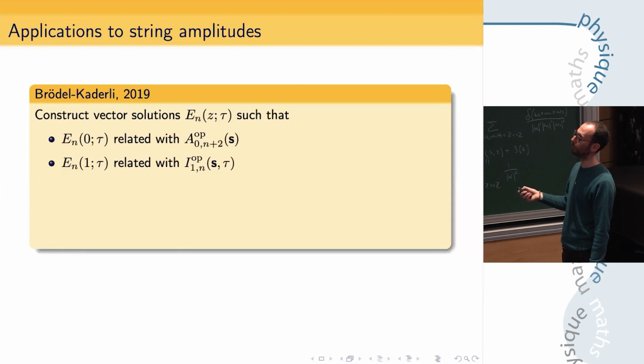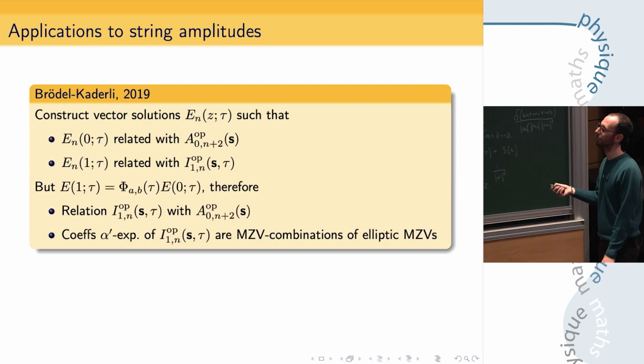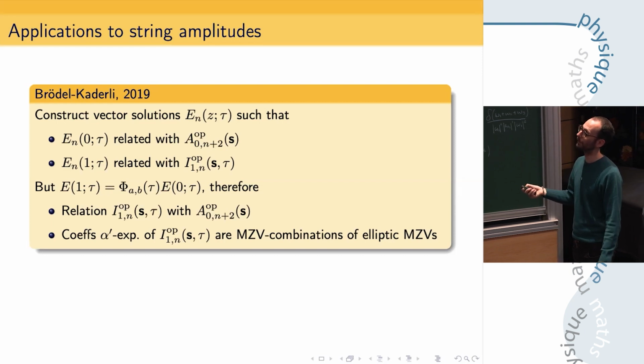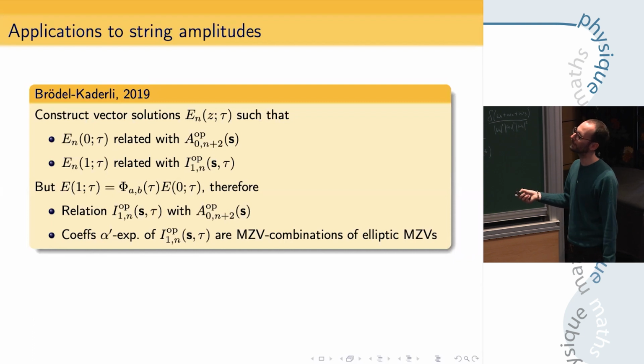So now you don't have any more the dependence on tau. Here you have it. But still, by the general theory of the KZB equation, they will be related by this Enriquez associator. And this implies, by taking certain limits of the Koba-Nielsen variables, that there will be some relation between this open string amplitude at genus 1 and points at genus 0 with n plus 2 points.